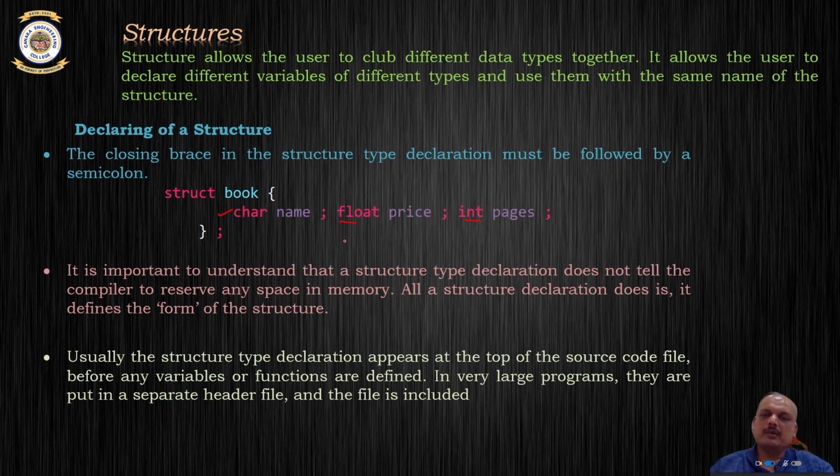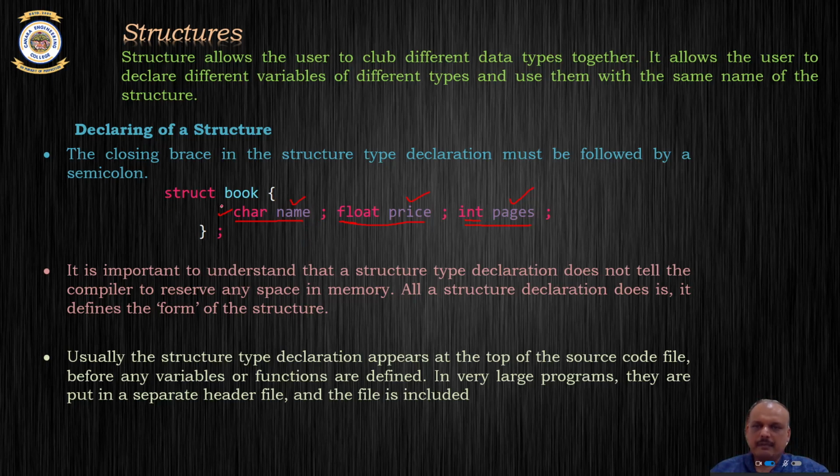Taking into account that you want to store some information about this book, say the name of the book, the price of the book, and the number of pages that it has. These three pieces of information fall into three different categories of data types. The pages, as we know, is an integer data type, the price can be a floating point data type, and the name of the book is a string or a character array.